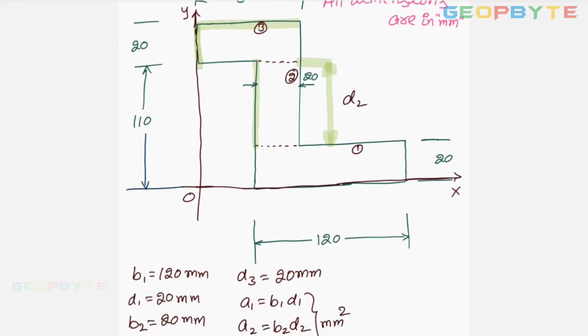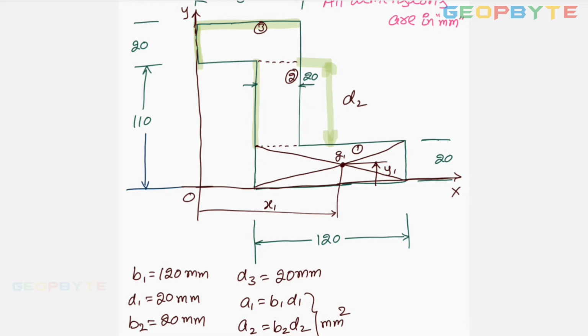Then for finding x1, y1, join the diagonals for section 1. Wherever the diagonals are meeting, that is the center of gravity for section 1. This is the x1, and this is the y1.